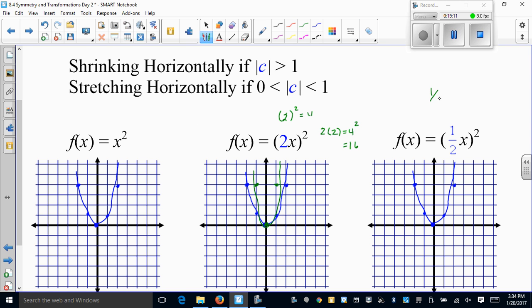But 1/2 times 2 gives me 1, and 1 squared is still 1. So this time I went 2 and then 1. If I put in 4, half of 4 equals 2, squared equals 4. So I go out to 4, and then I'm only up at 2.